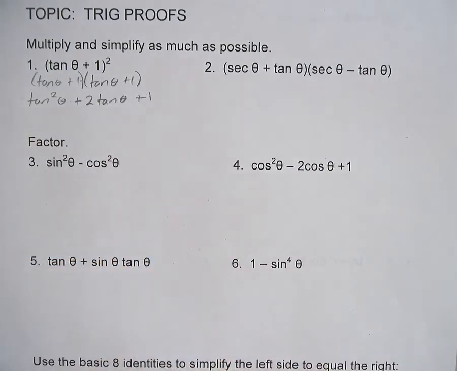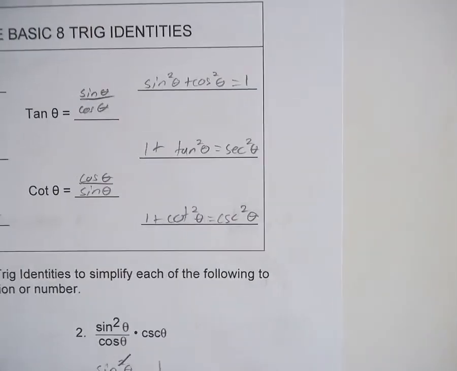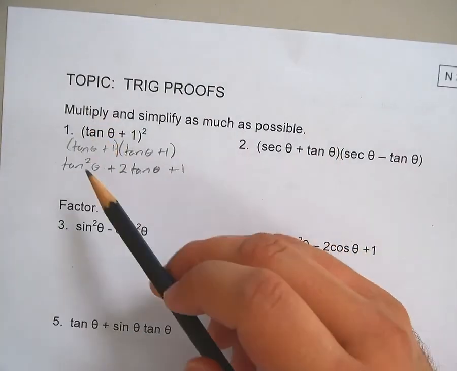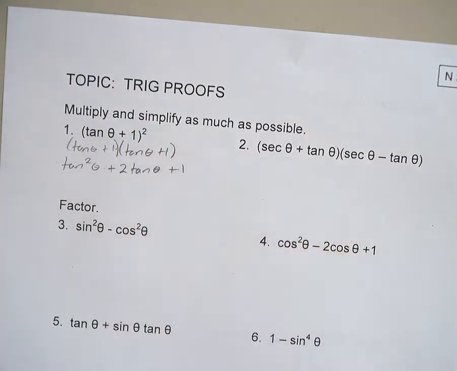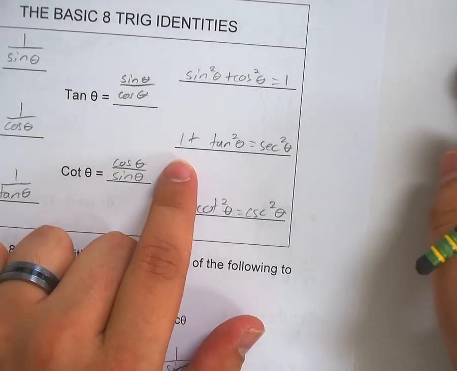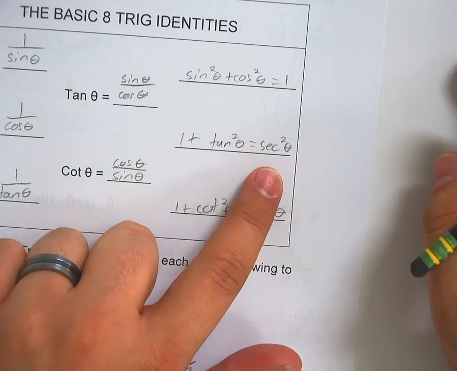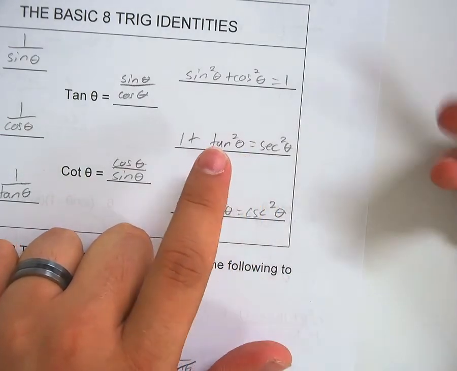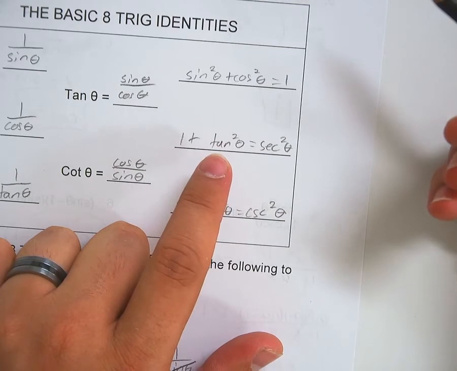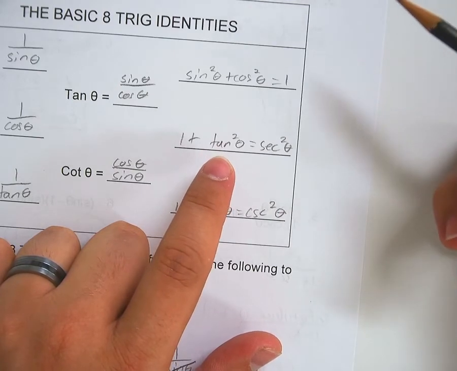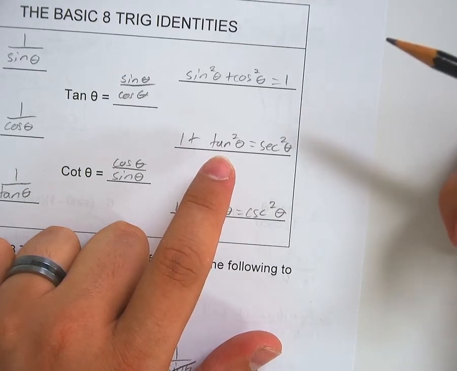For example, I know that over here I'm looking for a tangent squared, a 2 tangent, or a 1. Well, if you look at your basic 8, isn't 1 plus tangent squared secant squared theta? Just because addition is commutative means we can move stuff around and it's still the same. Kind of like 2 plus 3 is the same thing as 3 plus 2.